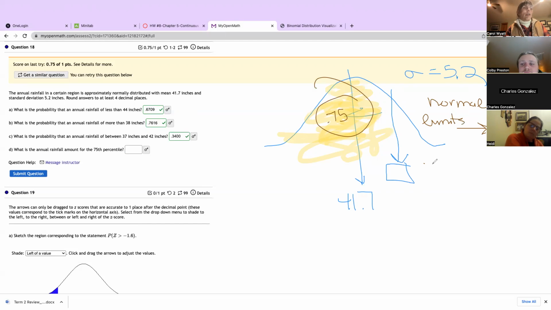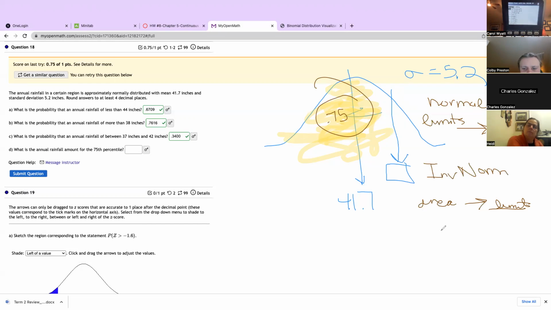I'm going to use a function on my calculator called inverse normal, where I put in an area and it gives out a limit or a cutoff. Okay. So on my calculator, I'm going to go distribution. And there's one on here called inverse norm, which is number 3.